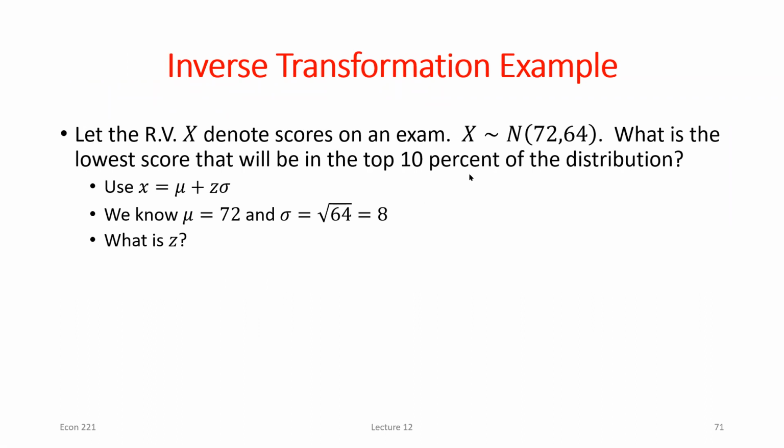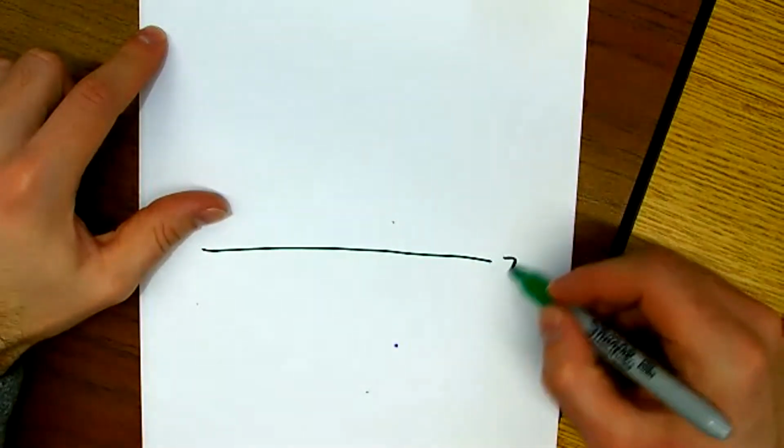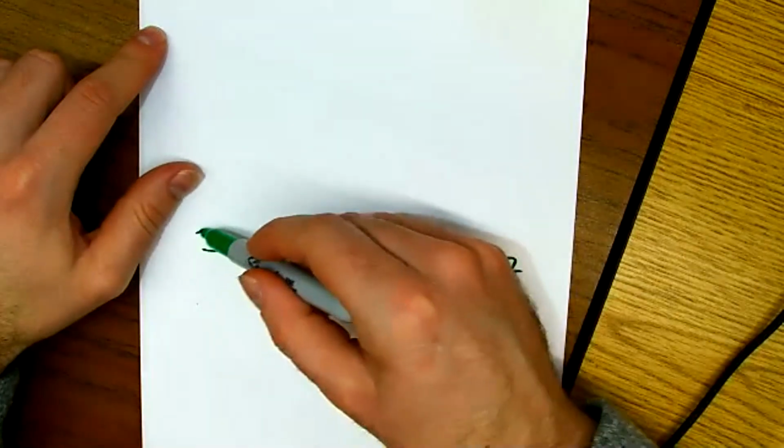So let's work with some actual numbers. We'll do this test score example where the average on this exam is a 72 and the variance is 64. What was the lowest score that would put me in the top 10% of test takers? What we're thinking about is this standard normal distribution.